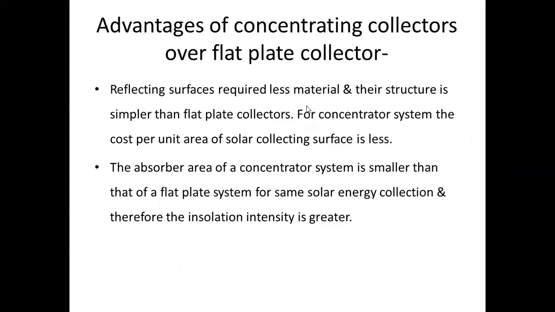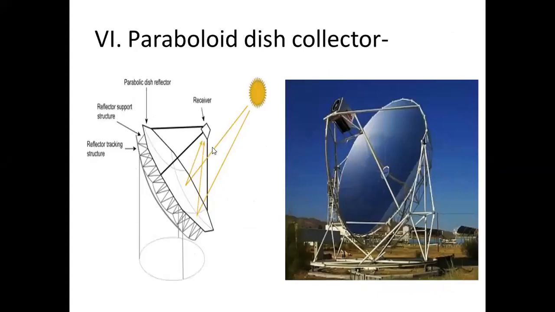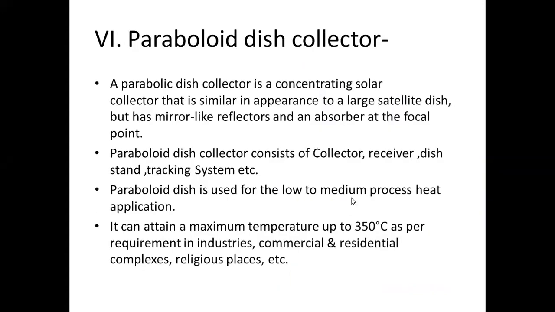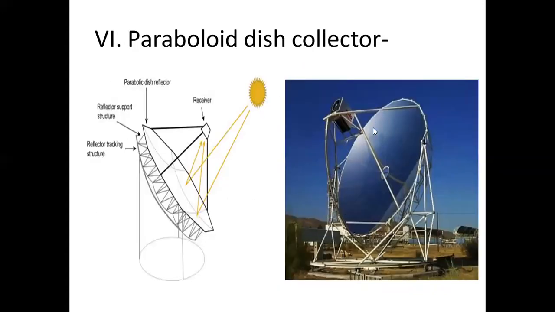In case of concentrating type collectors, the reflecting surface requires less material. As we saw while looking at the various types and structures of the collectors, a concentrating type collector is like this.